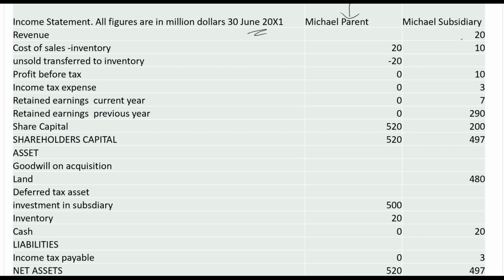There was a transaction of inventory that Michael bought, 20 million worth of inventory recorded as cost of sales, and Michael Subsidiary recorded that as revenue. But real cost is 10 million. But at the end of the year, because inventory was unsold, it was transferred from cost of sales to inventory on the balance sheet.